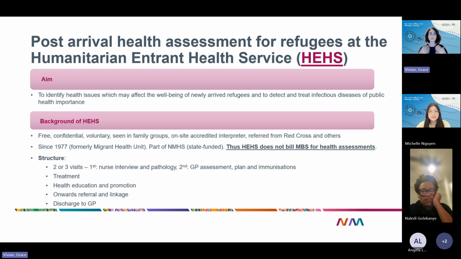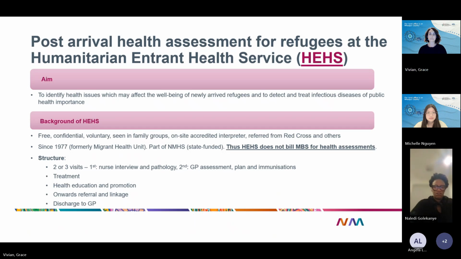But as you can imagine, more holistically over the years, we understand that well-being isn't just about preventing infectious diseases, but about detecting other biological, psychological, and social issues which may become relevant to that person in their new life here.